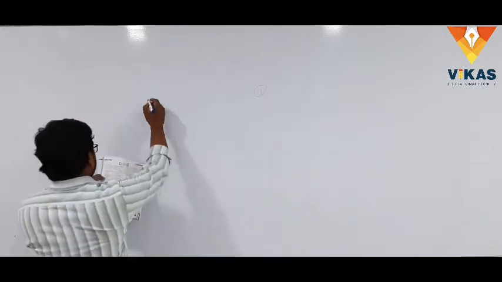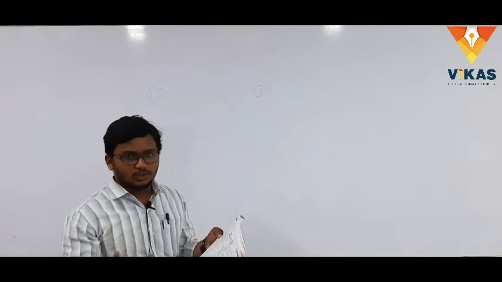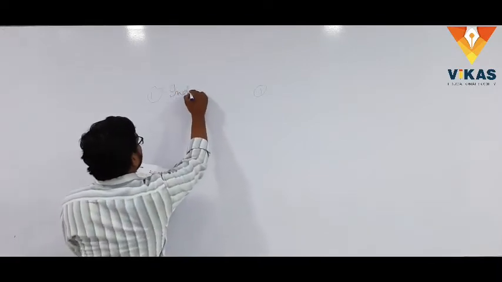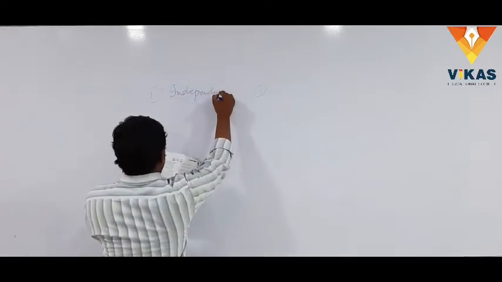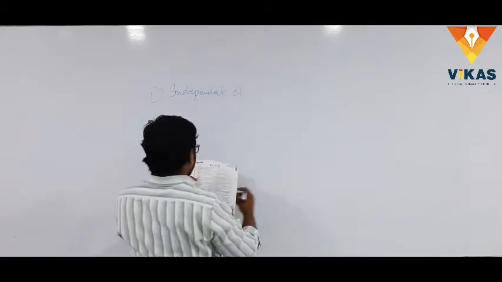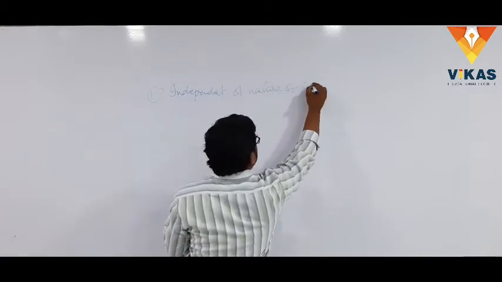So the options are like, which of the following is correct for cathode rays in a discharge tube, that is what is given. The first one is independent of nature of cathode.